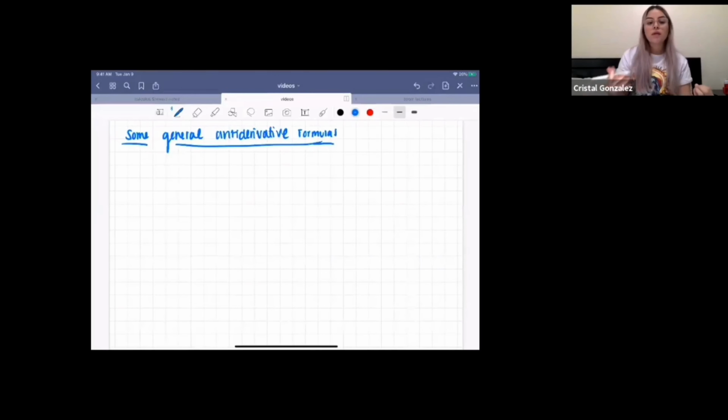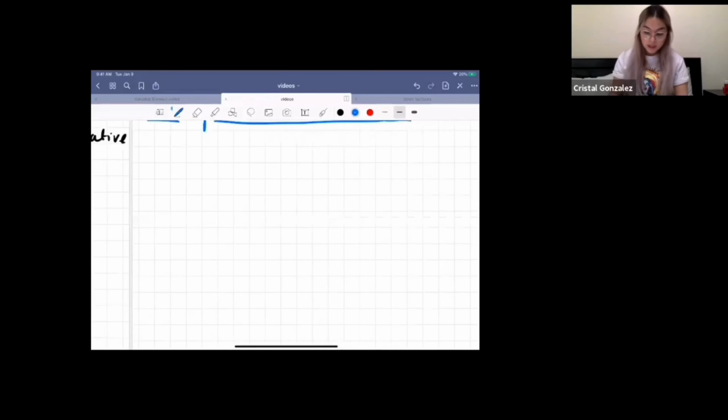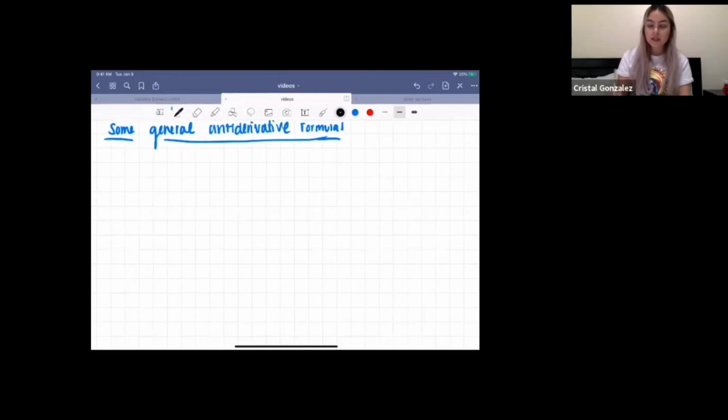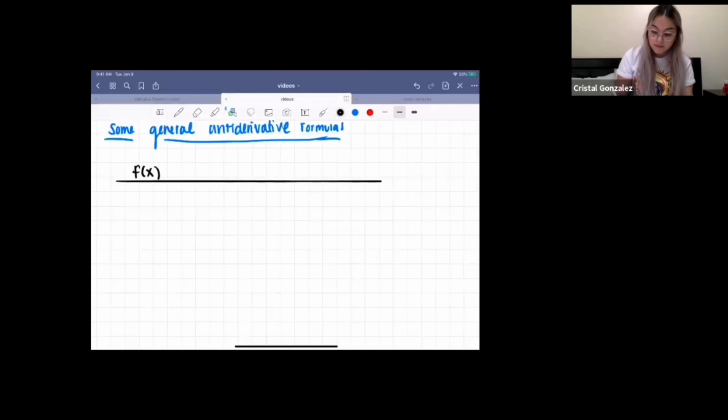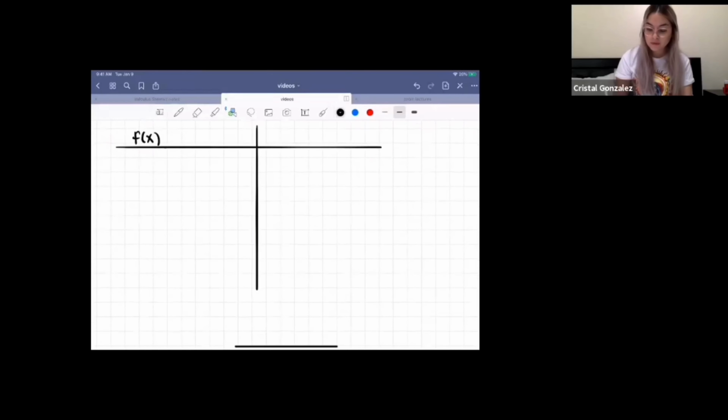If you remember, at the beginning of the semester, I gave you a sheet with all the derivatives, and all the antiderivatives are on there too. You just didn't know it then, but they're on there. So if you still have that sheet handy, and I believe it's also on titanium, then everything should be on there. So let's just talk about some of them, and more will come up as we keep talking about antiderivatives, so don't worry too much.